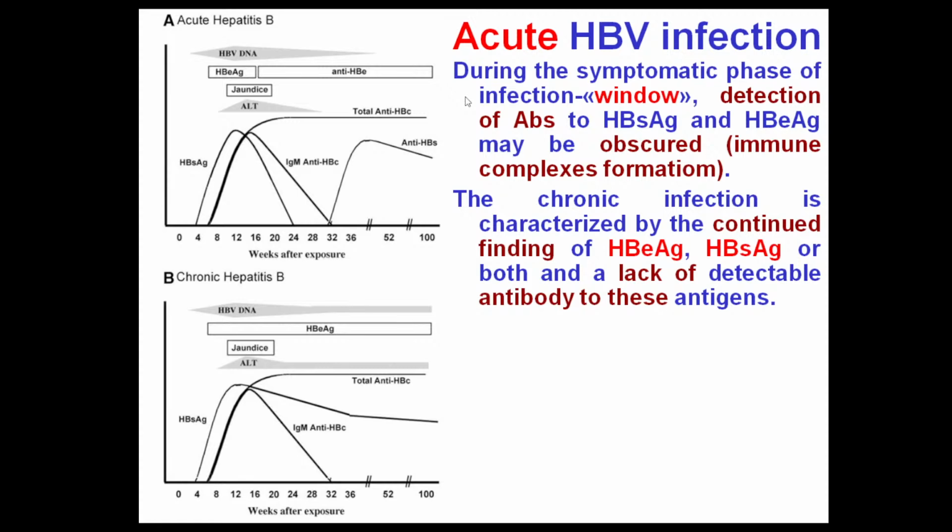So we will have a gap in identification of HBs antigen and anti-HBs antibodies. The chronic infection is usually characterized by the continued finding of hepatitis E antigen, hepatitis S antigen, or both, and a lack of detectable antibodies to this antigen. See, anti-HBs, so no anti-HBs.